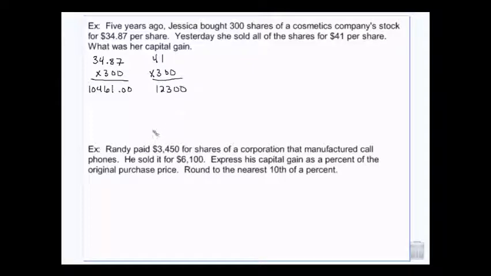I take the 34.87 and multiply it by the 300 shares. So they cost $10,461. And then I do 41 times 300, and they were sold for $12,300. Then I subtract the two numbers, and I have a capital gain of $1,839.